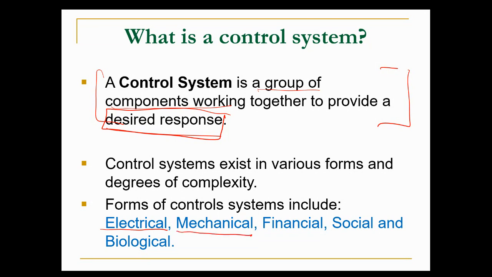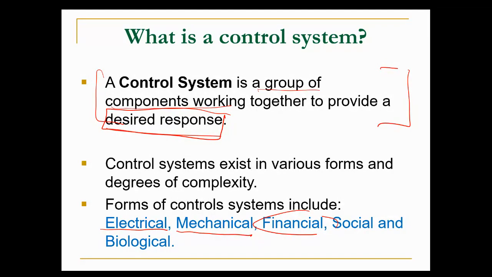All right, so let us now go to the softer type of field, financial systems. Financial systems also incorporate feedback. So let us stick with finance for a while. Let's say the government has a Ministry of Finance, and we could say one of their objectives is to grow the economy.